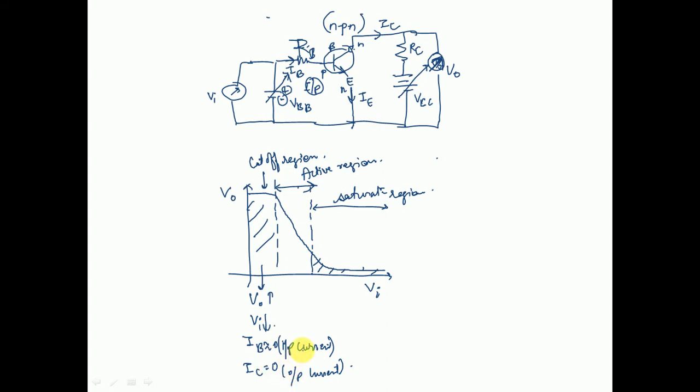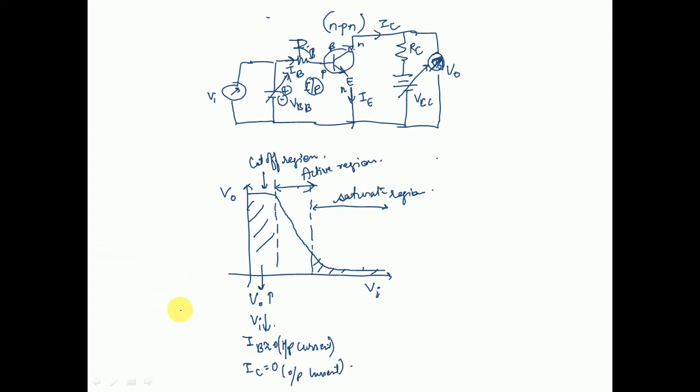So if IB is 0, then IC will also be 0. And what is your V0 equal to? V0 will be very high in this case, equal to VCC. So in this particular stage, can you guess whether it will be working in the switched off state or the switched on state?